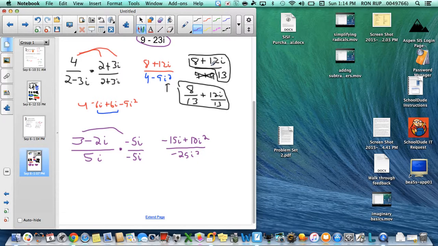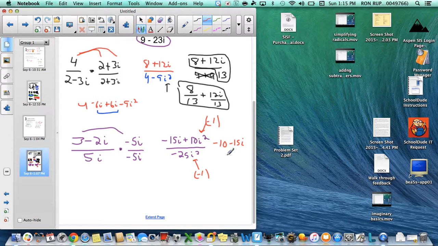And so now we have most recently learned that anywhere that you see an i squared, you change that to negative 1. Let's do that here. So negative 15i plus 10 times negative 1 is negative 10, so negative 10 minus 15i.